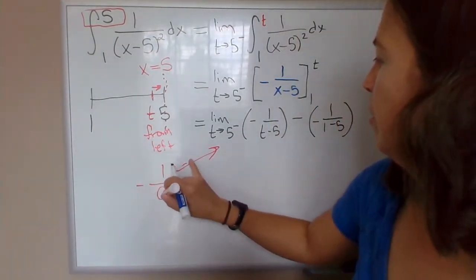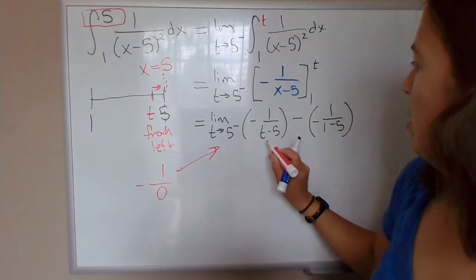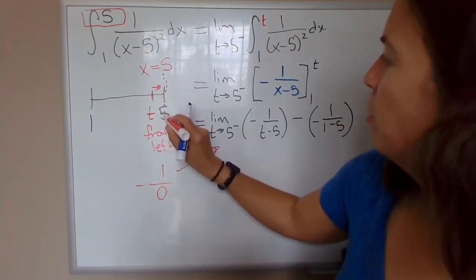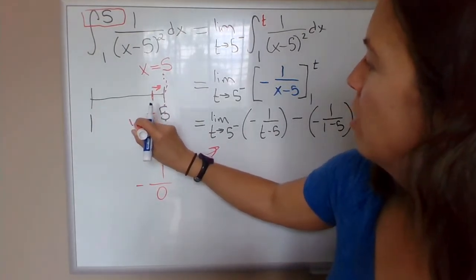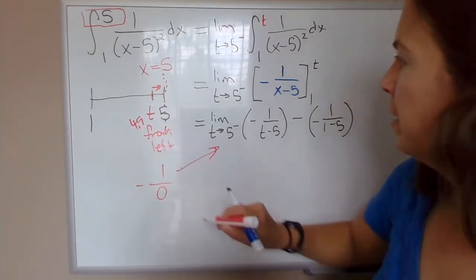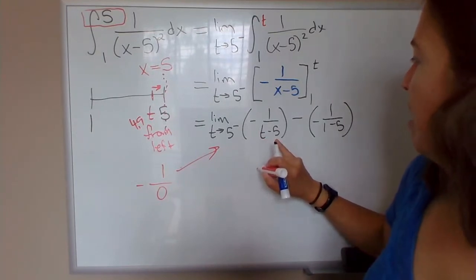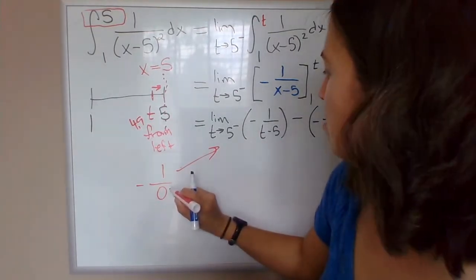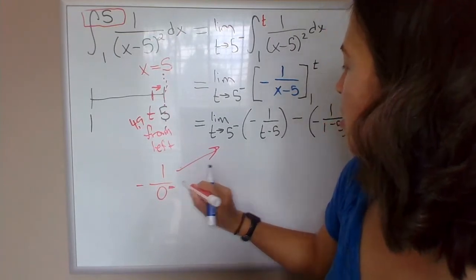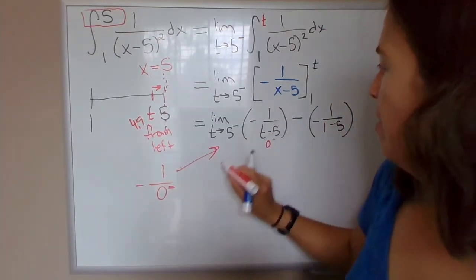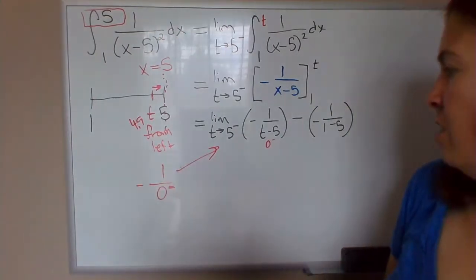Got that negative in front. If we plug in something slightly less than 5, remember we're approaching 5 from the left, so t is taking on values like 4.9, 4.99. So if t is, say, 4.9, minus 5, that's going to be something close to 0, but slightly negative. So you're going to have a slightly negative value here, and then the negative in front.